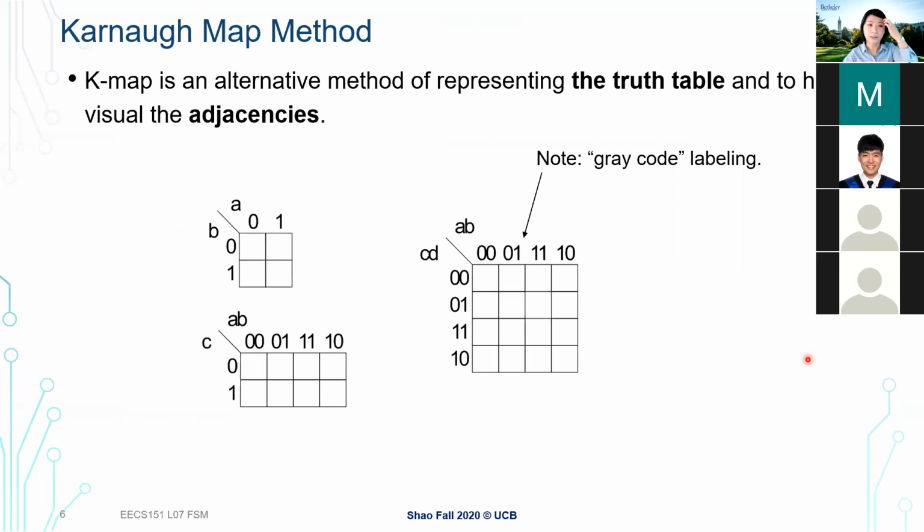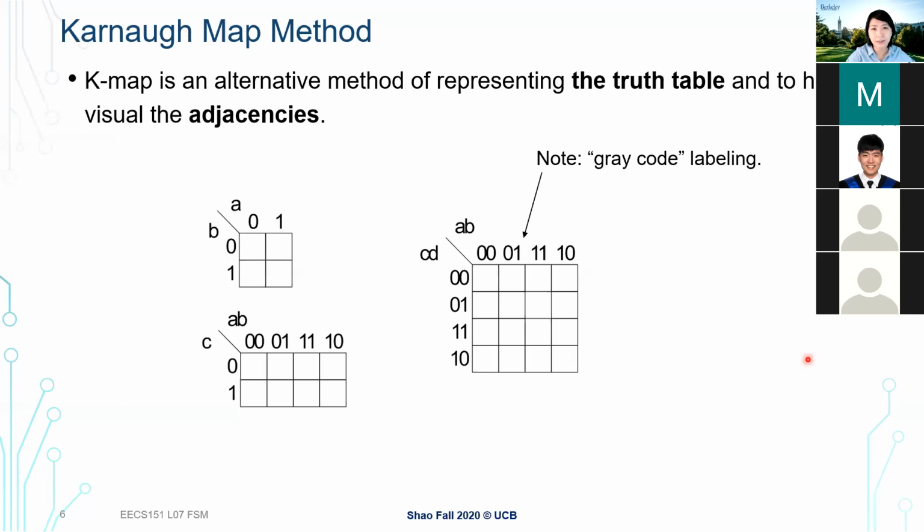So this is an alternative way, instead of doing Boolean expressions, which is basically, again, the same principle, just more intuitive in a graphical format. We're still using the truth table, but instead of organizing it as we have seen before, where each row is a unique combination of the inputs and the last column is the expected value of the output, here we organize the truth table in 2 dimensions.